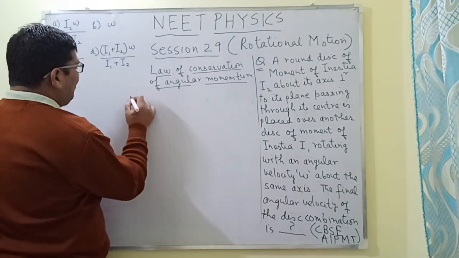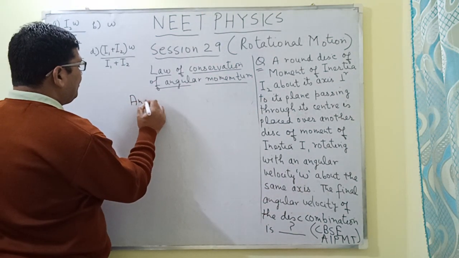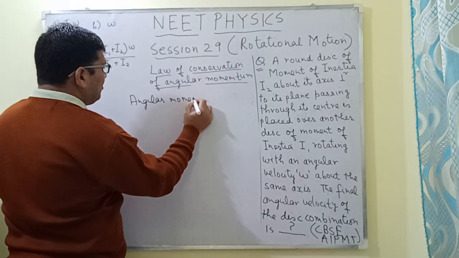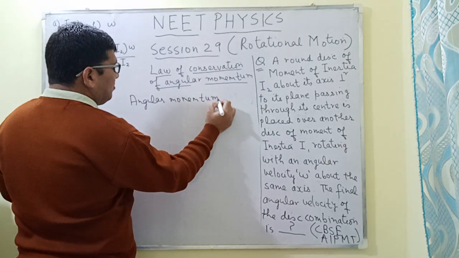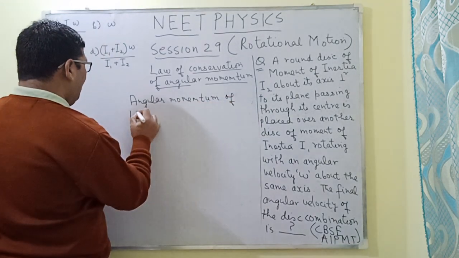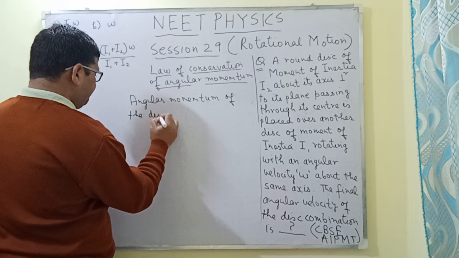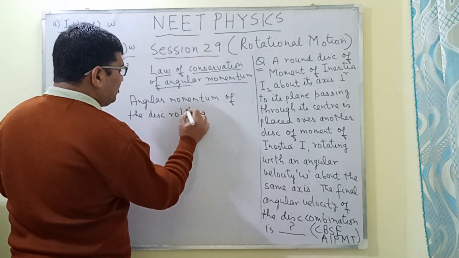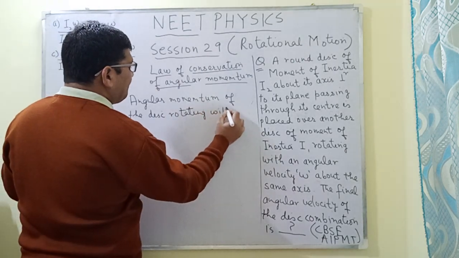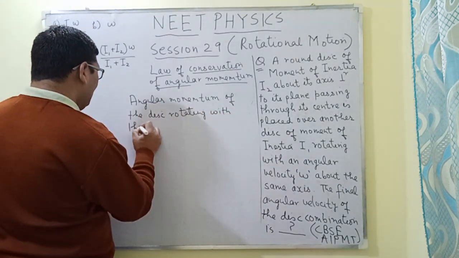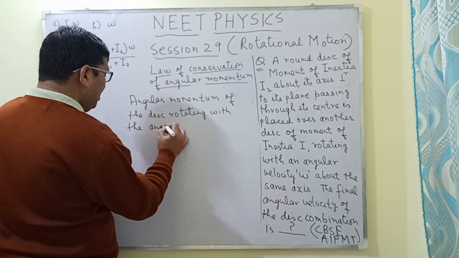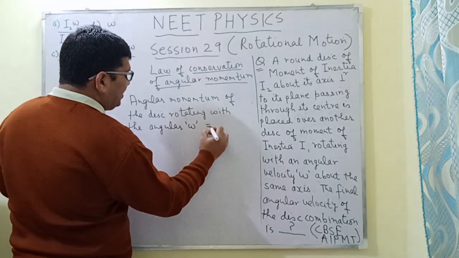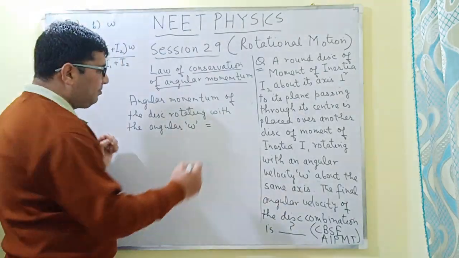So the angular momentum of the disk rotating with the angular velocity omega is given by I into omega.